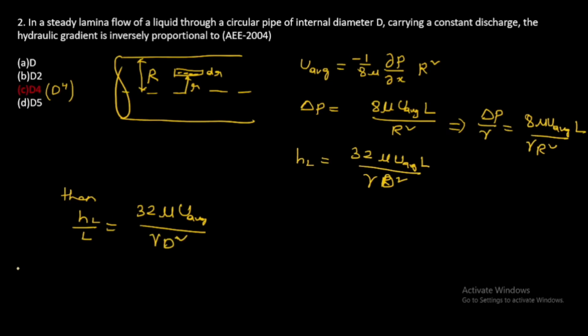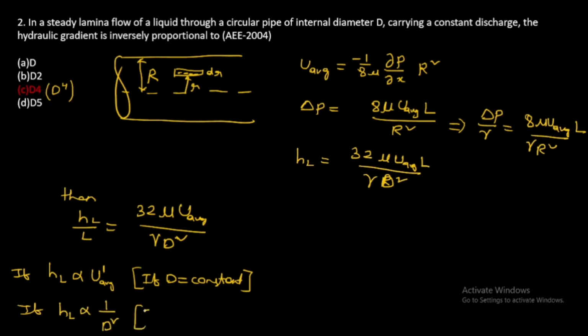From this expression we can have conditions that the question may be framed like this: HL is directly proportional to u average power of 1, if d is equal to constant; HL is inversely proportional to 1 by d square, if velocity is equal to constant.